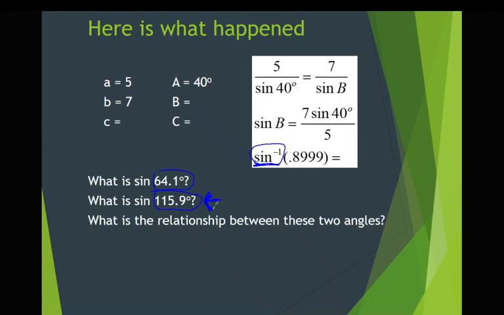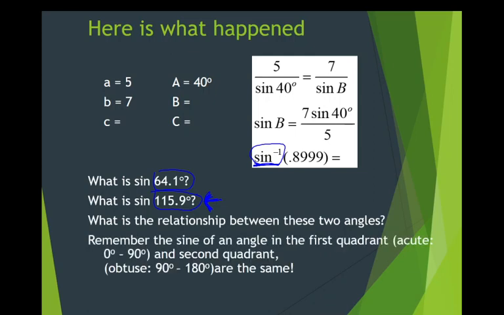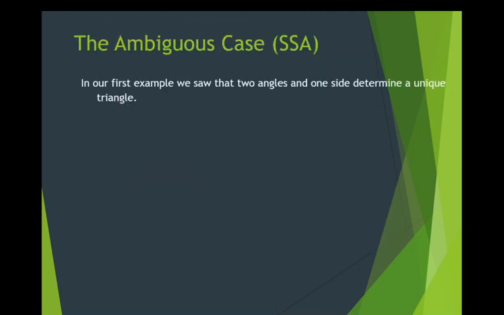Okay? And this is how the ambiguous case works, is that when you have B being a possibility of two different answers because of the arcsine value. Okay? So that one is an acute triangle and one is going to be an obtuse triangle. And that basically leads us into the ambiguous case.